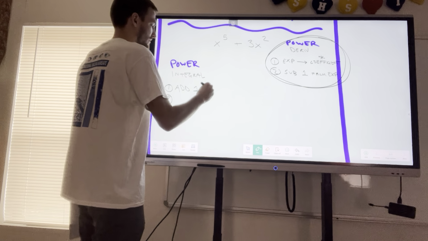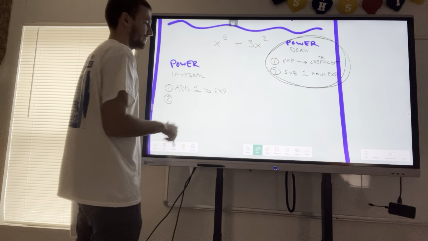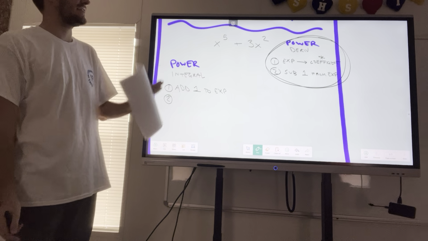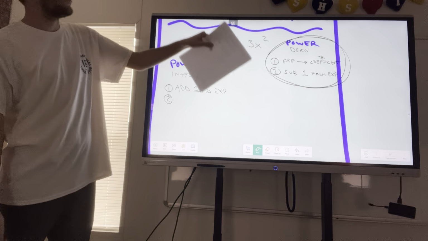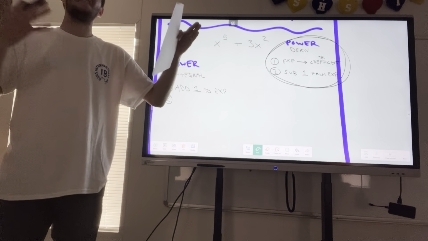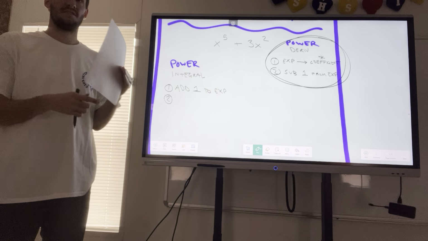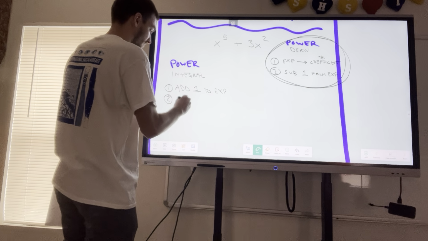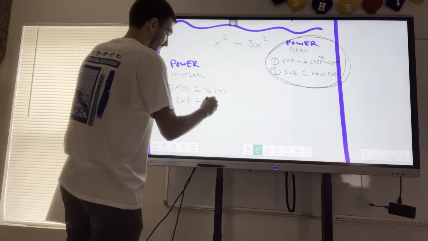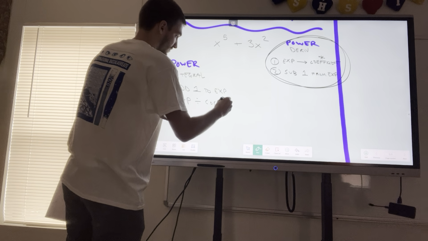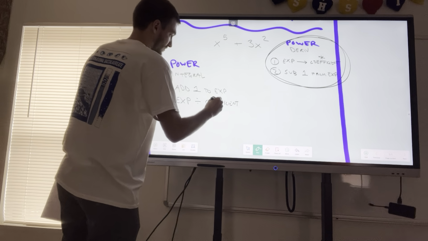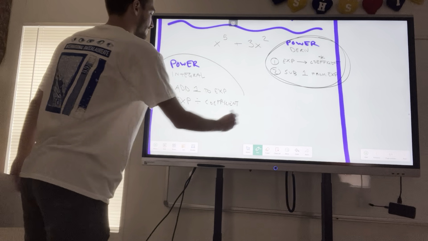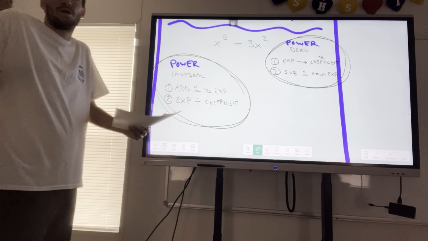Add 1 to the exponent. Genius. And the next piece, it says that the exponent should be multiplied by the coefficient. What's the opposite of that? The exponent should be divided by the coefficient. Terrible handwriting. Okay, there you go. It shouldn't be more complicated than that.